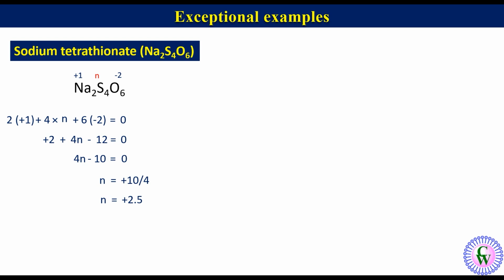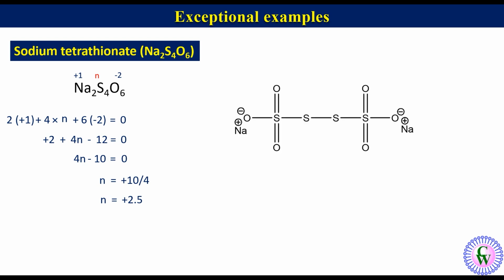To find the oxidation number of individual sulfur atoms, let's draw the structure of sodium tetrathionate. If we look at this sulfur atom, it is bonded to one sulfur atom. Because of this, there will not be any charge on this sulfur atom as both have same electronegativity.